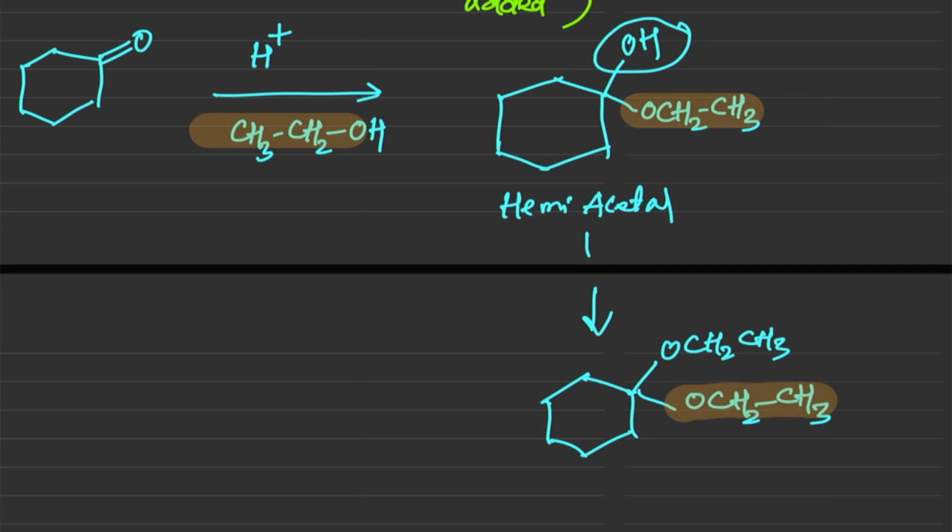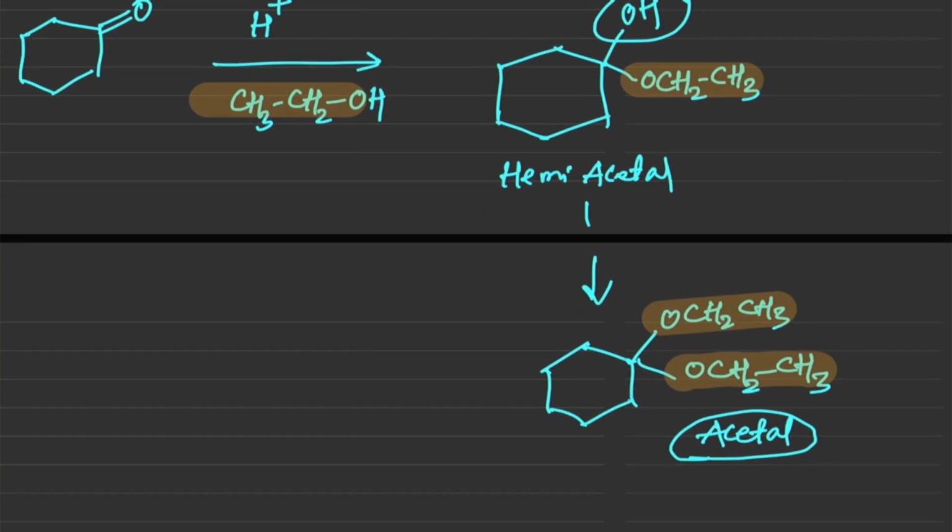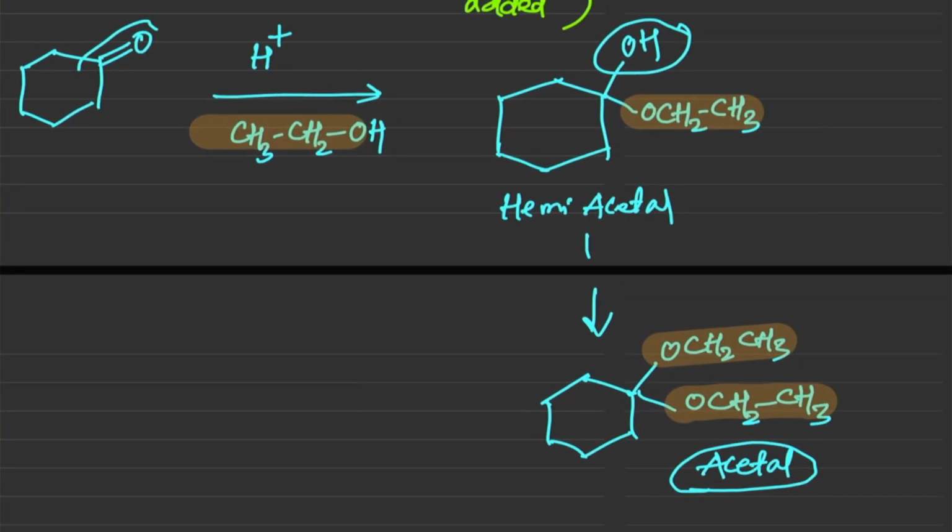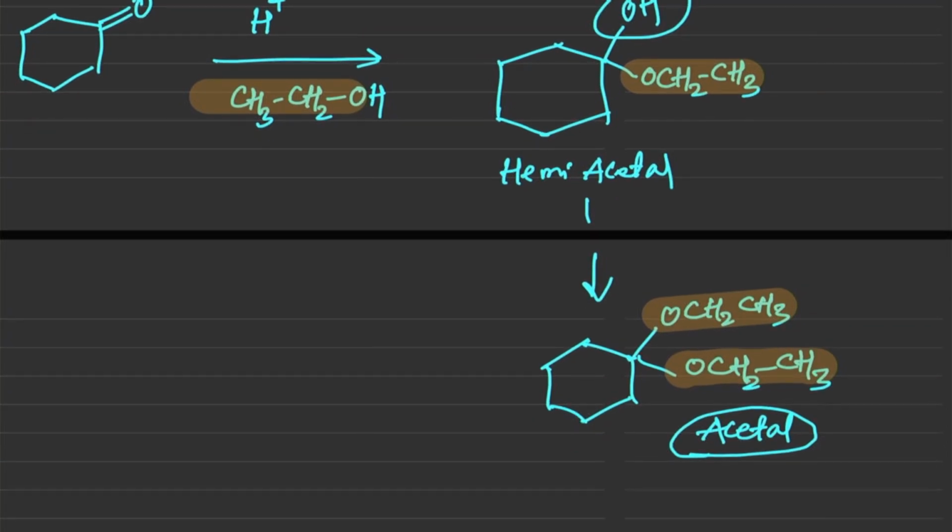That's alcohol 1, that's alcohol 2. So this is your complete acetal. This reaction is important because you will see later we will use this method to convert this carbonyl into an acetal and use this as a protecting group. We will see that later.